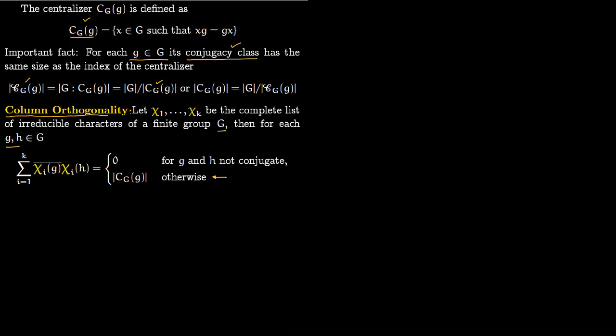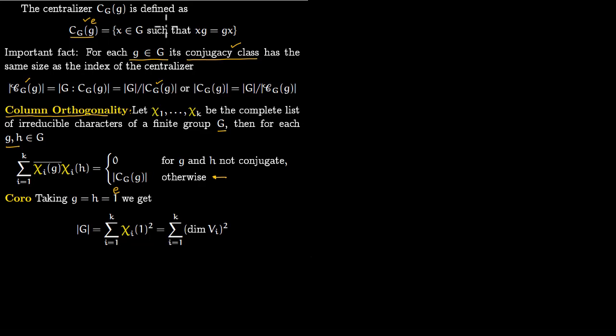So first, an immediate corollary. If you take G and H as E, the identity of the group, then obviously both of them are conjugate. If G is just E, then all the elements of the group would commute with this E, so the centralizer is the entire group itself. So this becomes the order of G right here.